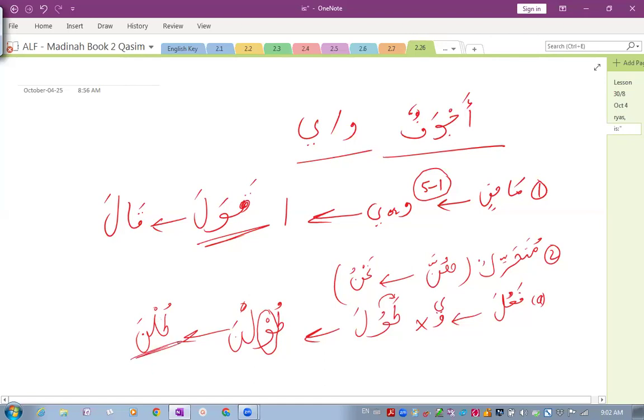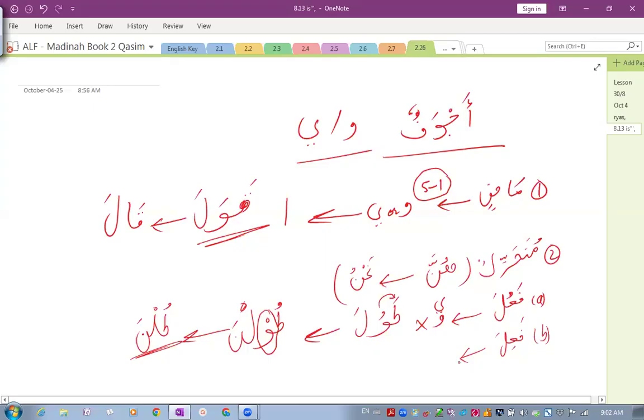So this part is basically when you have fa'ula. The second scenario, B, is fa'ila. In that scenario, for example, khawifa.